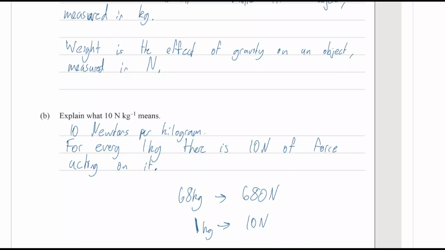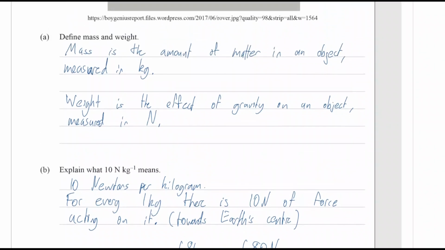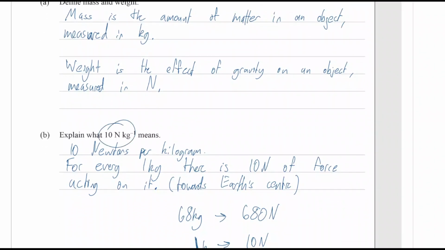Right, so for every 1 kg, there's 10 newton force acting on it towards Earth's center. Or you could say the surface, that's fine too. Right, so on Earth, we have this acceleration due to gravity, or this pull downwards of 10 newtons per kg.